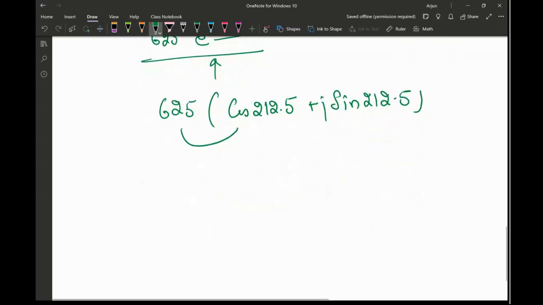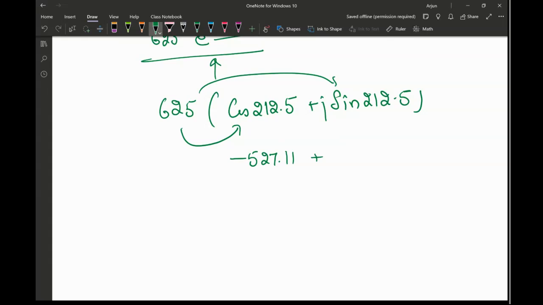Now you multiply these together, and that gives you the final answer. So 625 times cos of 212.5, which is negative 527.11, and plus the other value, sine of 212.5.